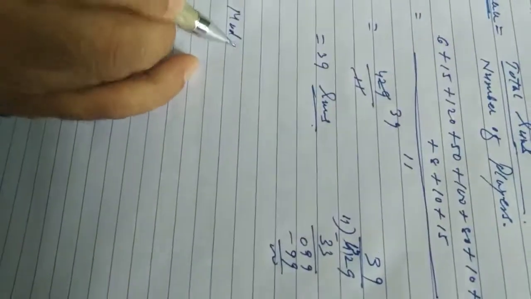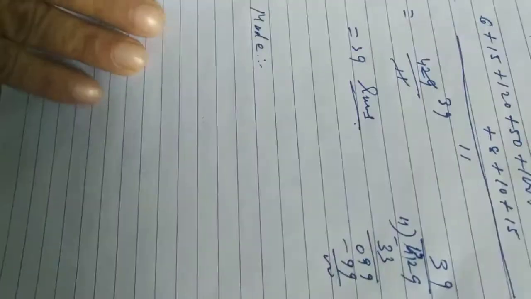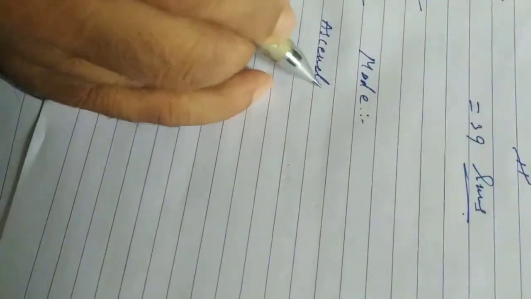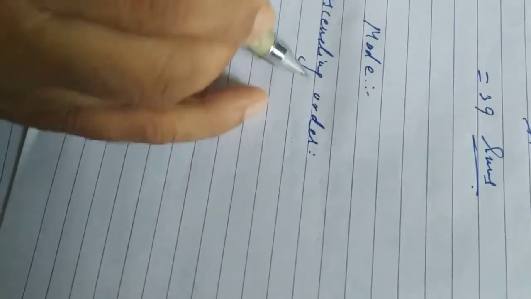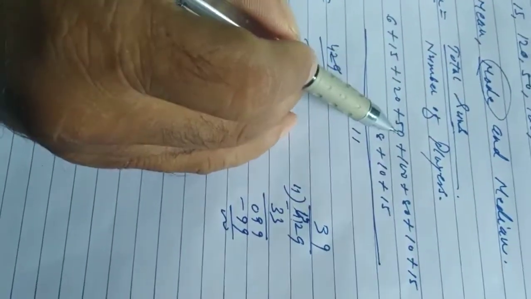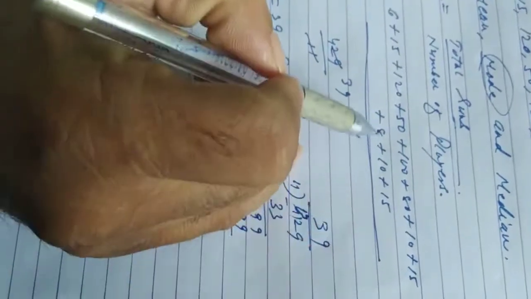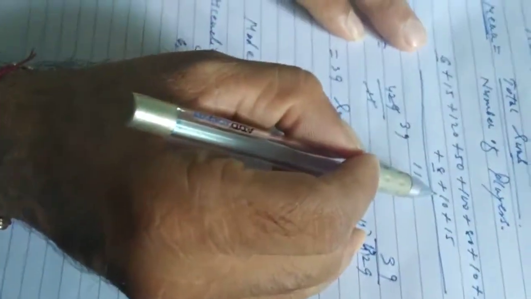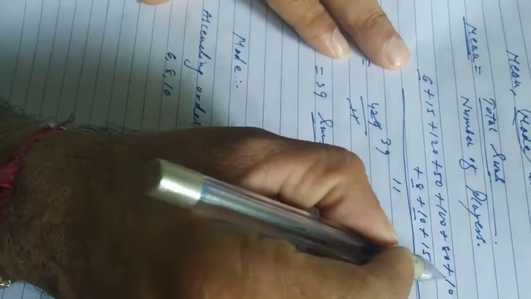Now what do we have to find next? The mode. Which point do we have to keep in mind? We have to arrange in ascending order, right? Out of them, which is the smallest? 6, then 8, then 10. 10 occurs 2 times.